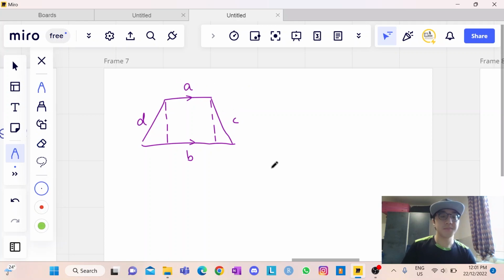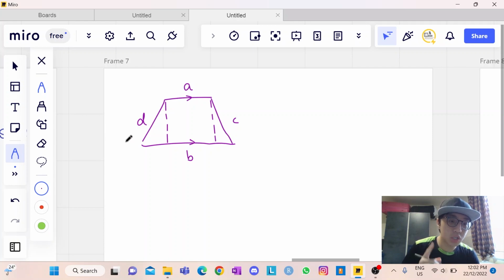C and D. Okay, so the trapezium is counted as a compound shape, where you can see it's a combination of a square, or I can say a rectangle, because we don't know whether these are equal length or not, and two triangles.